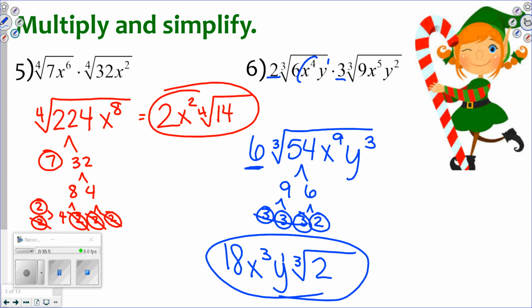You had x to the 4th and x to the 5th. We add exponents when you multiply. Other questions? This 2 inside here was the leftover piece from my factor tree. He didn't have a group. Yes.